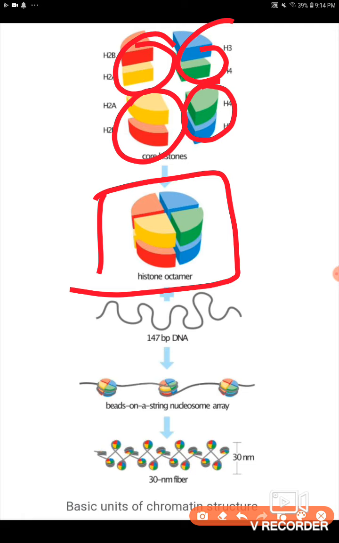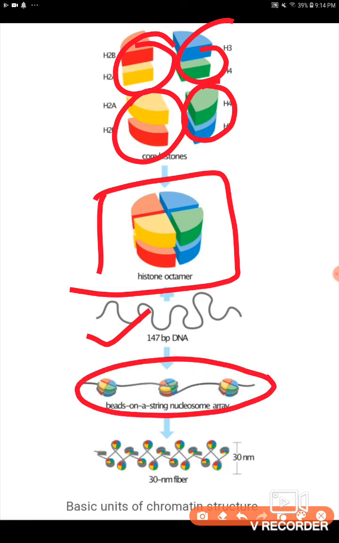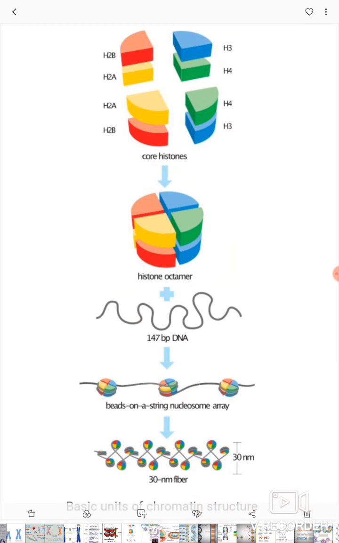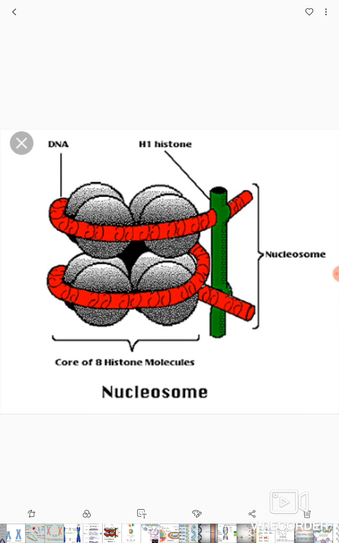This histone octamer is wrapped with the DNA molecule, so you will get this kind of structure. This structure, where the DNA is wrapped around the histone octamer, is called a nucleosome.